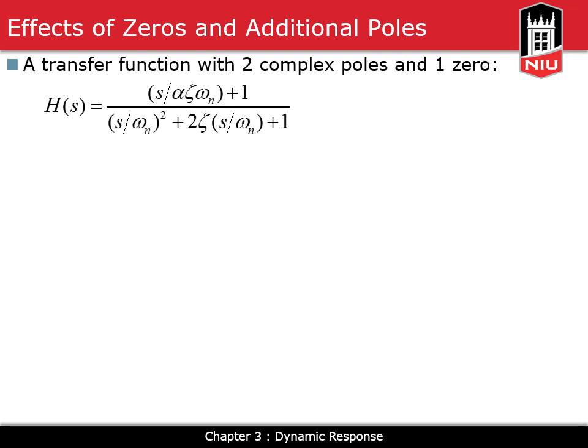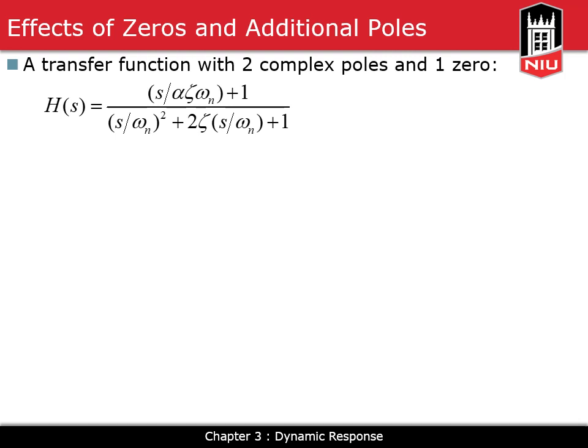What happens if it has additional zeros or poles? We can still use those formulas to find the specifications of the response, but pay attention to the fact that the actual values might differ a little bit. And here we're going to briefly discuss what happens if we have additional zeros or poles.